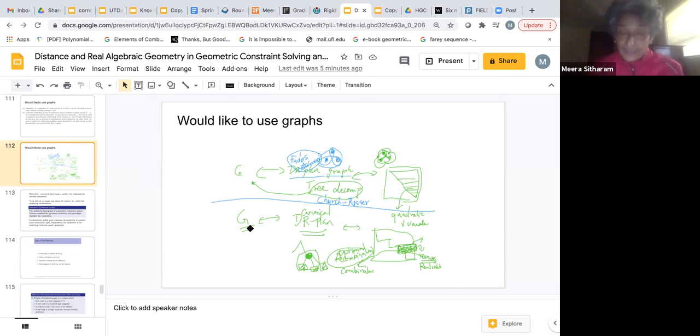So maybe if it is not minimally rigid, then you should get a decomposition into minimally rigids, which then further recursively decompose. And the goal is, after you get that, to get an automatic way of getting a block triangular system here with low degree and small size, all constant in proportion to the size of the original graph. And that's the goal.